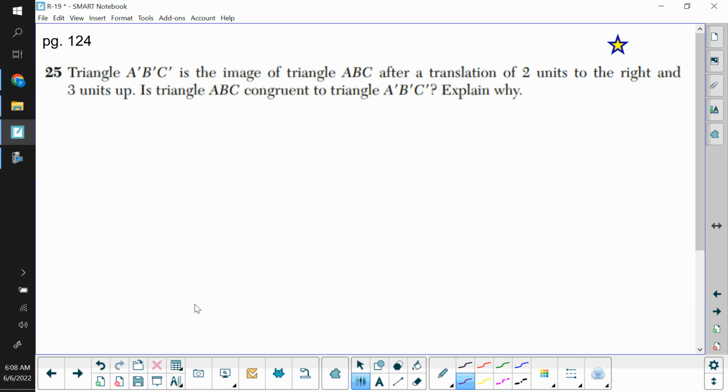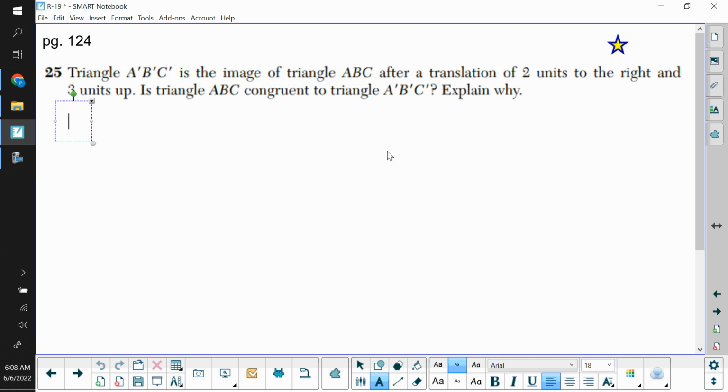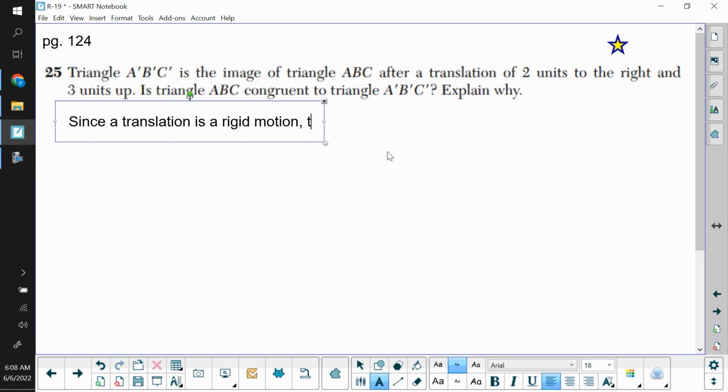All right, if we slide 2 units right and 3 units up, any translation is a rigid motion, and rigid motions do not change the size of the sides or the angles. So we can say, since a translation is a rigid motion, the sides and angles do not change size.